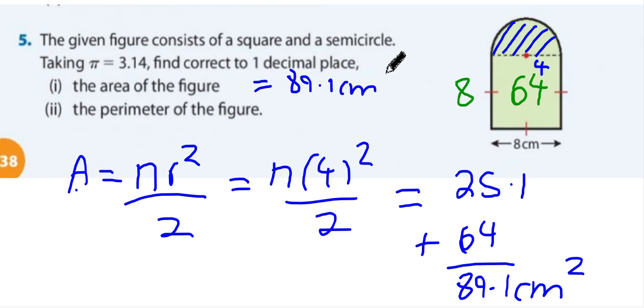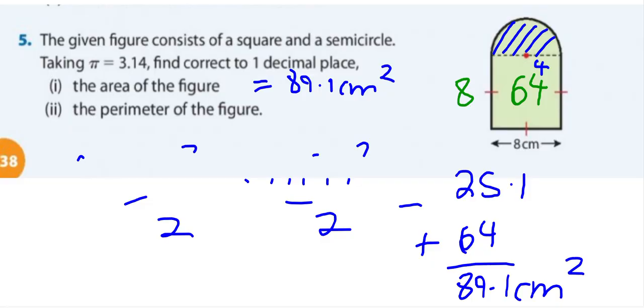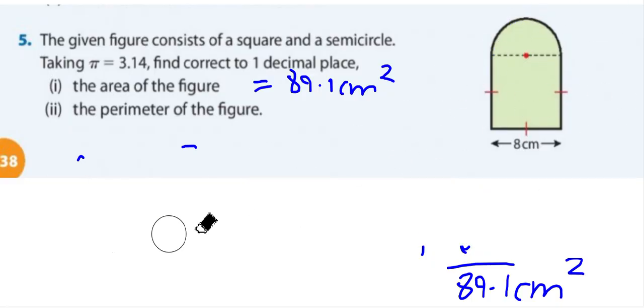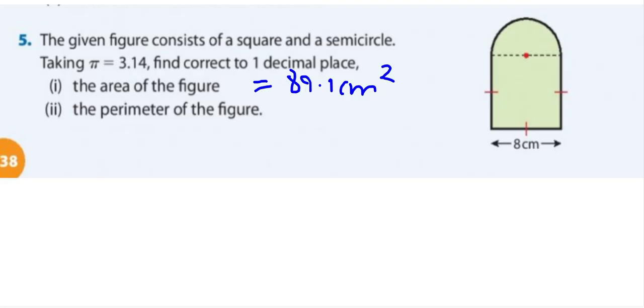89.1 centimeters squared. Now, the next thing we're going to have to do is get the perimeter, okay? Now, with you guys, the perimeter is basically when I ask somebody to run a lap. So, just a miniature version of that, okay? And what we're going to do is make them go up here, run around the semicircle, back down and around. Now, there are easy marks to be obtained here.